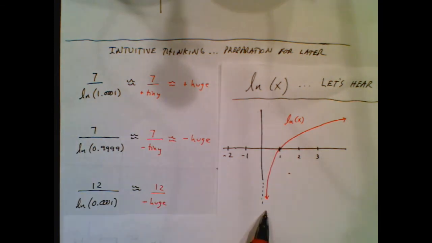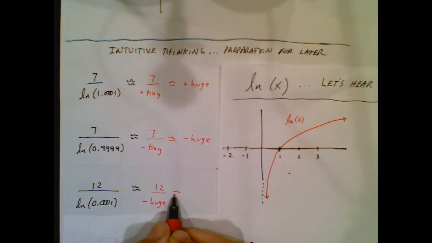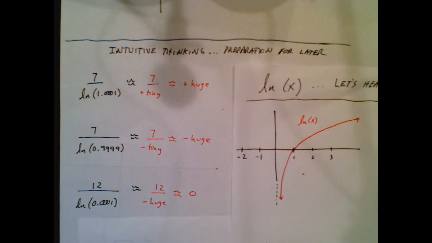By the time I get to an x value of 0.0001, my y value might be at negative 8,000, I don't know. So this is very close to 0. I'm going to say close to 0, but we know it's not exactly 0. This is why we're using those squiggly equal signs so that we never have to be exact.